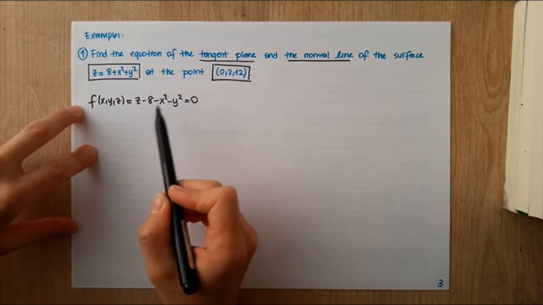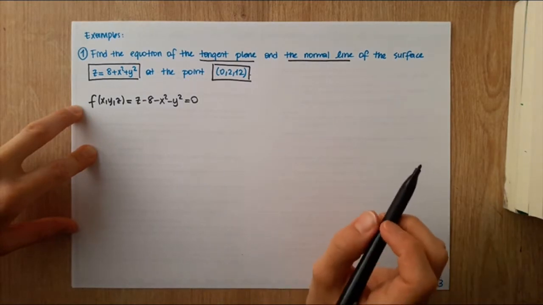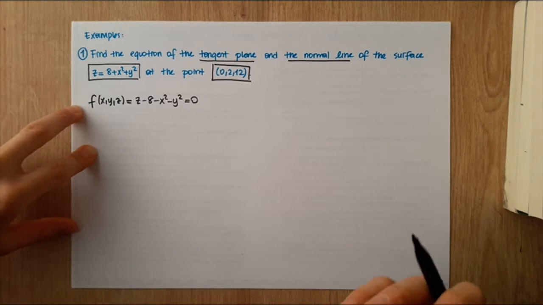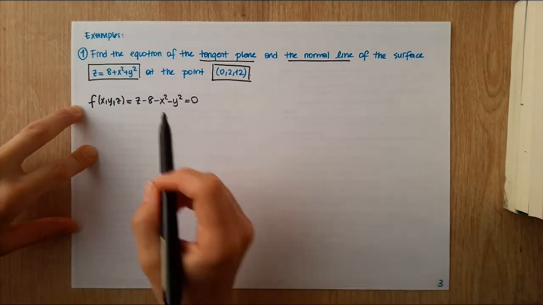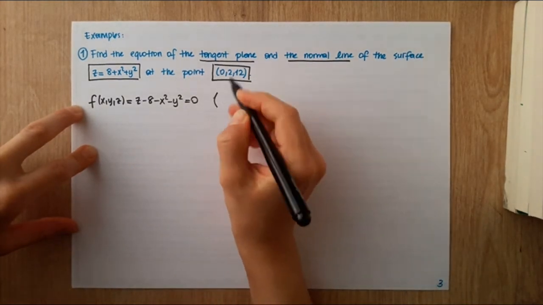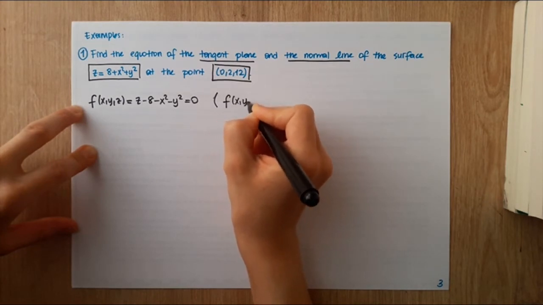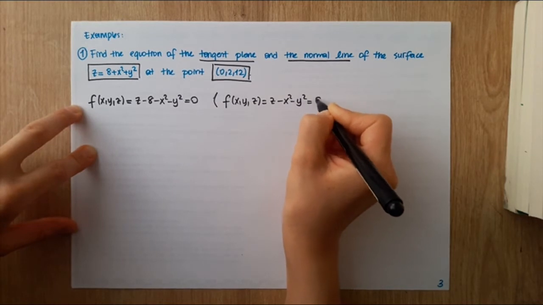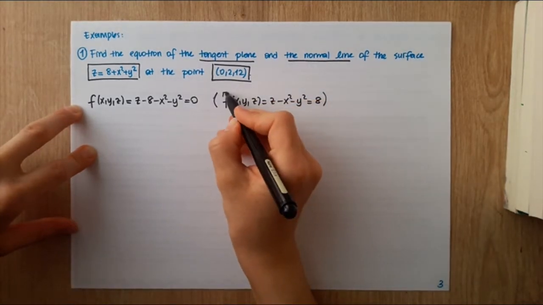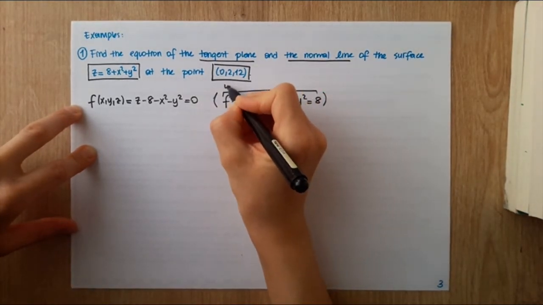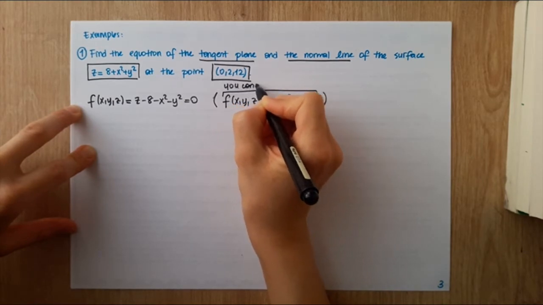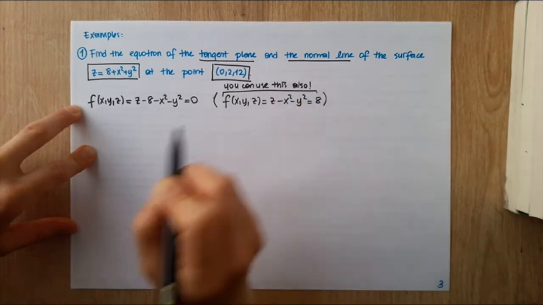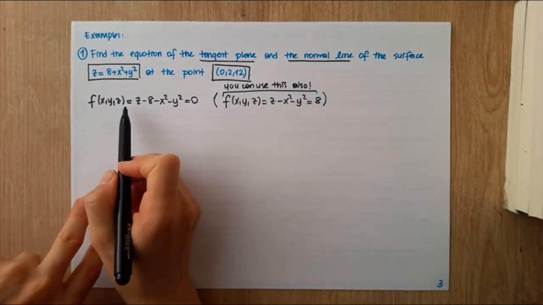It doesn't matter because in the calculation of the gradient vector, we will evaluate the derivatives, and the derivative of a constant will be 0. You can take this 8 here also. You can define f(x, y, z) as z minus x squared minus y squared equals 8. It doesn't matter. This is the second definition. I will continue with this function.